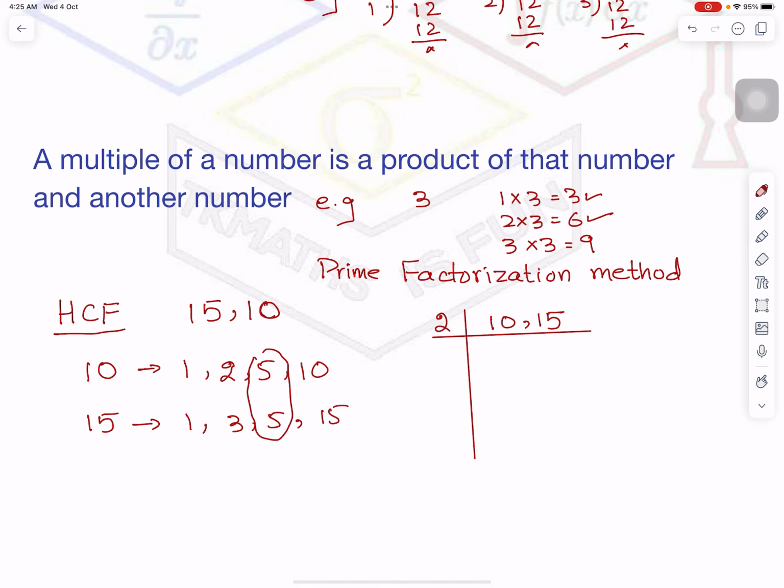For HCF, the number you pick to divide should divide both the numbers for which you are looking for the highest common factor. So I cannot start with 3 because 3 will only divide 15, not 10.